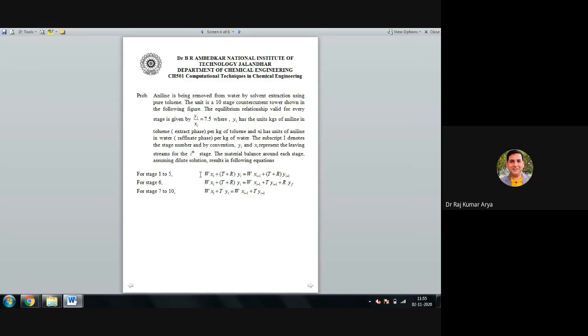So W was coming in, T plus R also coming in, just multiply by their corresponding compositions. If you are multiplying the compositions here, you multiply xi here, yi. These are their compositions, whatever is coming in. Now you have to say the nomenclature: have you given that name xi or xi minus 1?